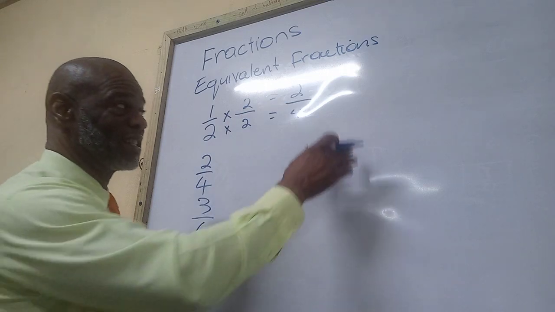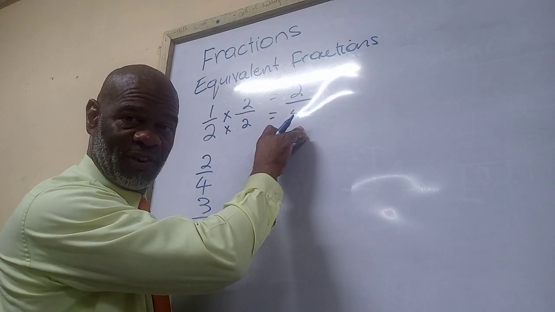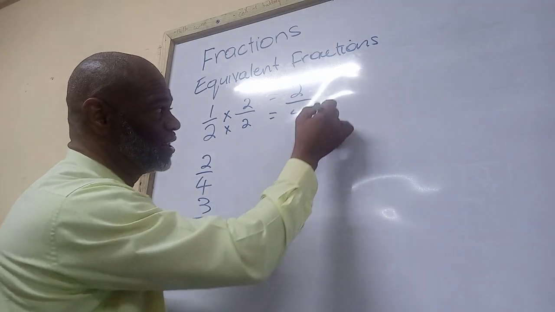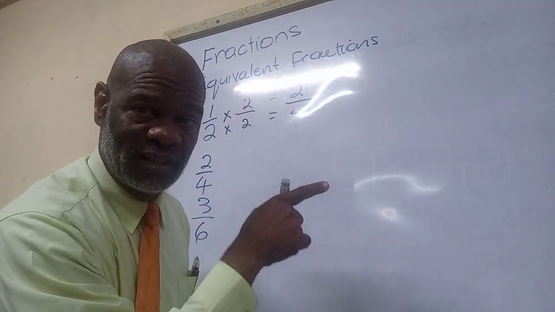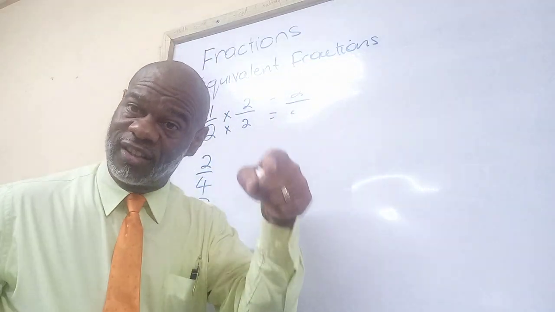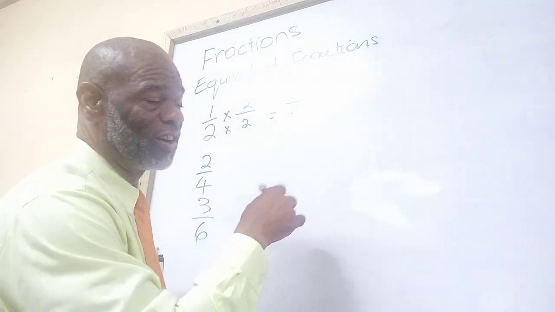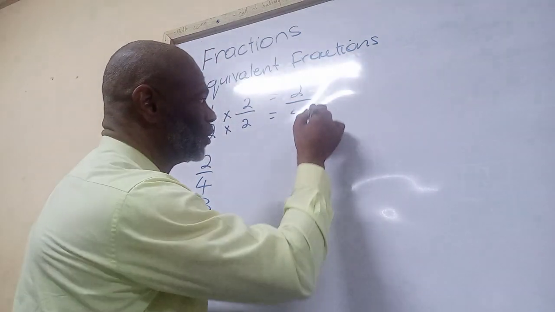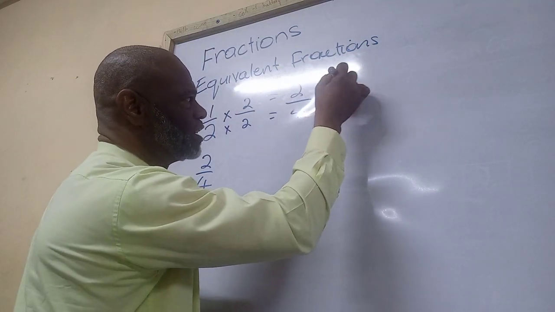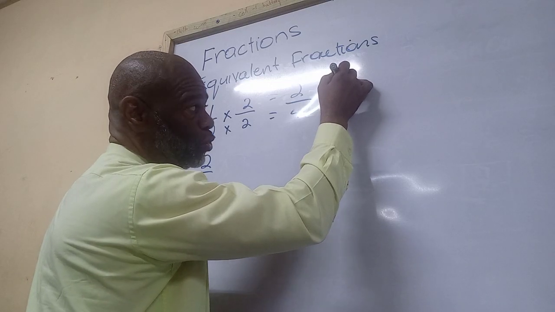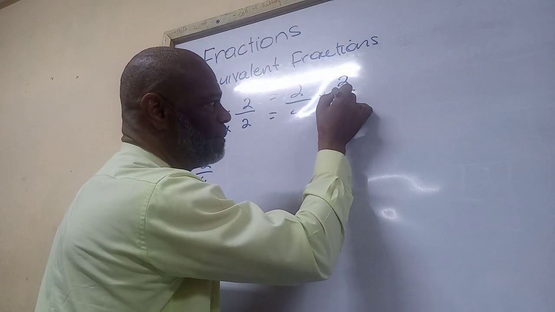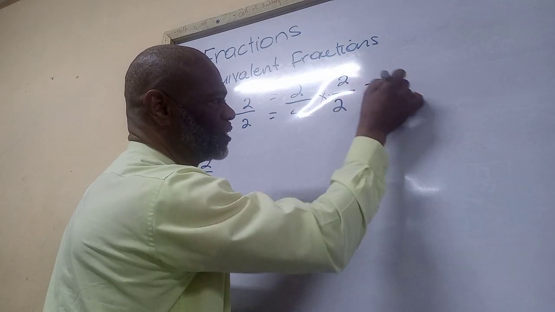Now, I could extend this further, this fraction here, by multiplying the numerator and the denominator by the same number to get another equal fraction, or another equivalent fraction. So let's multiply the numerator by, say, 2. If I multiply the numerator by 2 and I multiply the denominator by 2, what fraction do we get?